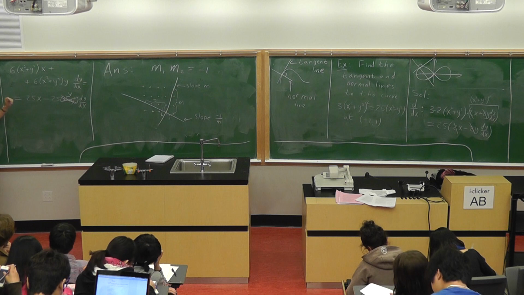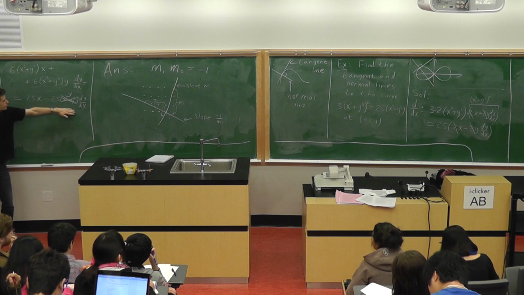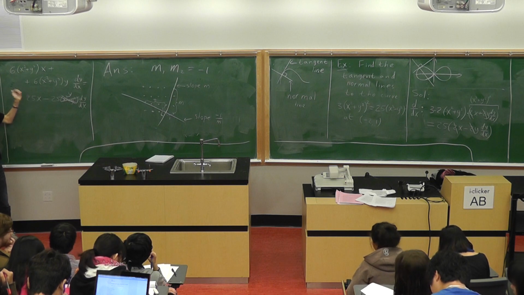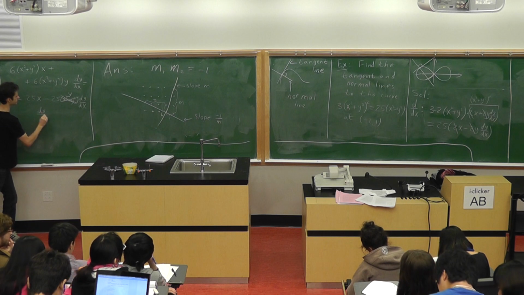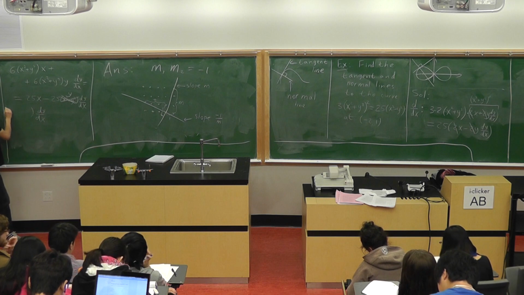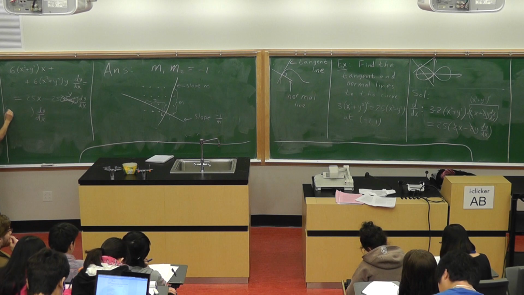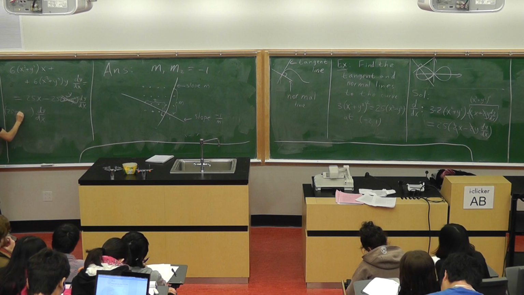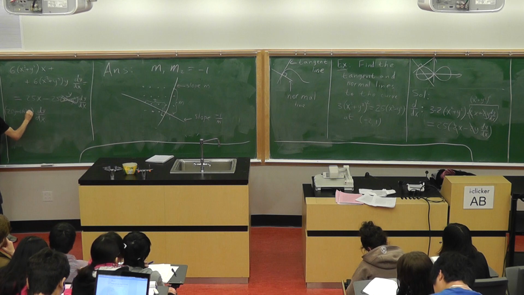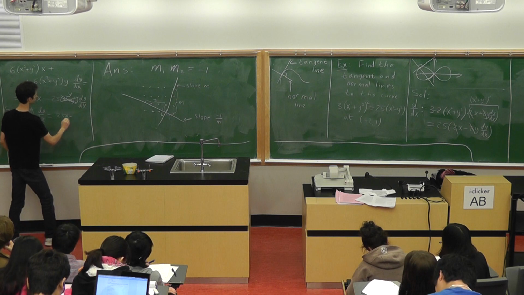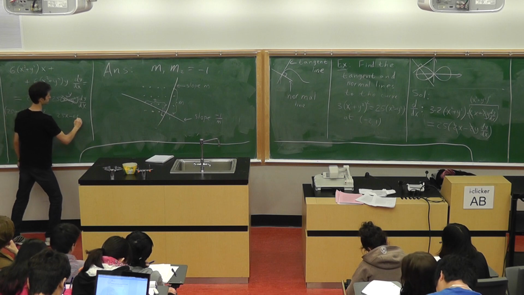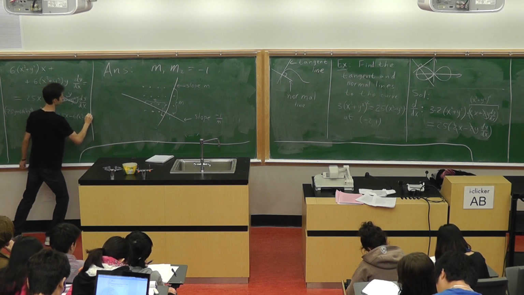Totally wrong. Okay, so I move everything with the derivative to one side, without it to the other one. So I get dy by dx times 25y plus 6 times (x squared plus y squared) is 25x minus 6 times (x squared plus y squared).